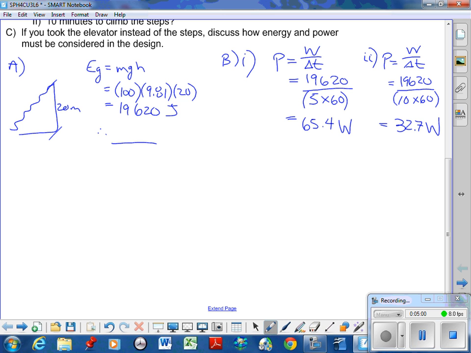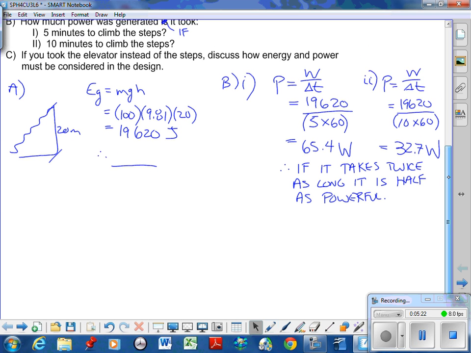So therefore, if it takes twice as long, it is half as powerful. Okay, so the faster you do something, it means you have more power. The slower you do it, even though you get the job done, it means you have less power.